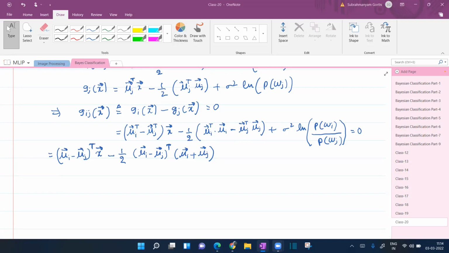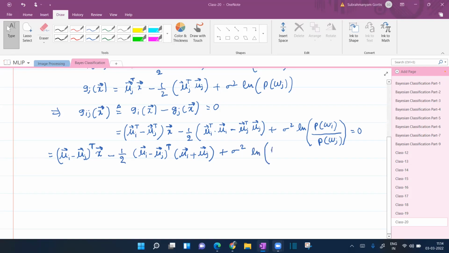You will realize that mu i transpose mu j is the same as mu j transpose mu i, so those terms cancel out, and finally only the two terms which were there in the above equation remain. You hope you have realized why I have written it in this form, because then I could take out common this mu i bar minus mu j bar whole transpose. Hope it is clear. Otherwise, just work it out, and if it is still not clear, feel free to get back to me.